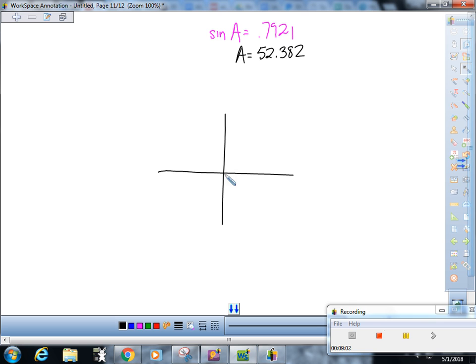Okay, so that means the ratio between the opposite and the hypotenuse in this triangle right here is 0.7921, right?